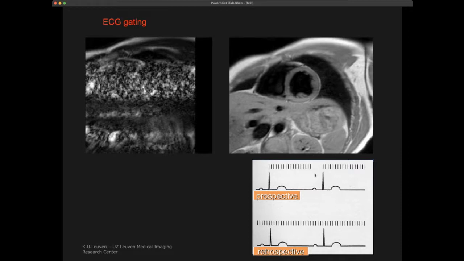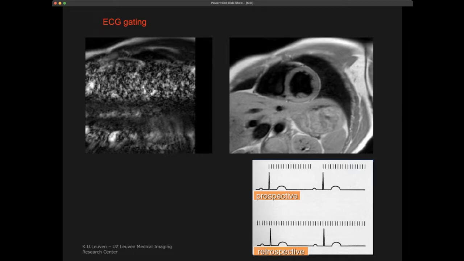When we don't take care of how to image it properly, especially with our phase and frequency encoding, if we do not trigger on the ECG signal and measure at the right time and in the same way, we actually get nonsense images. While in CT we also need to trigger on the ECG, in MRI it's even more important to trigger in order to be able to reconstruct, for example, the heart.